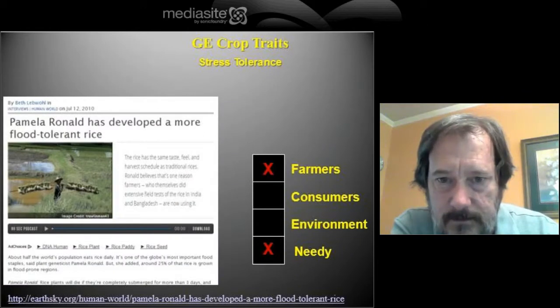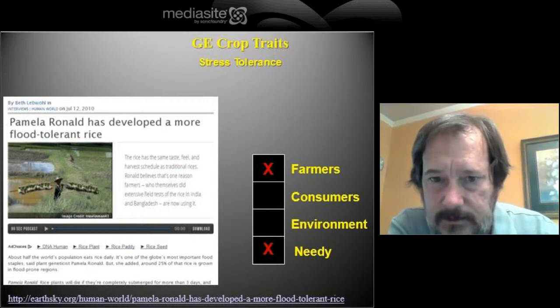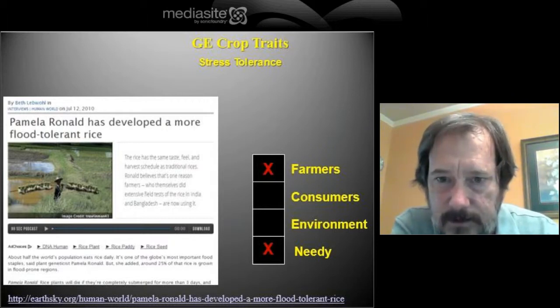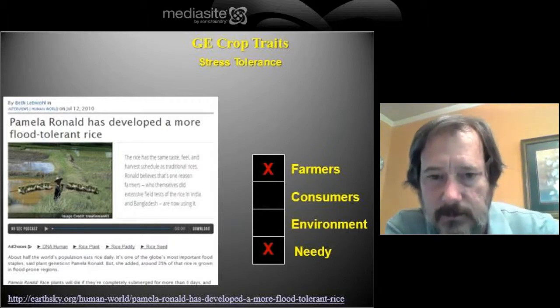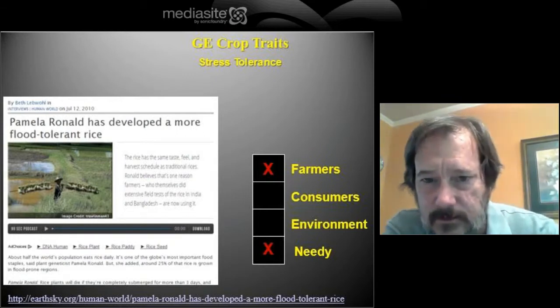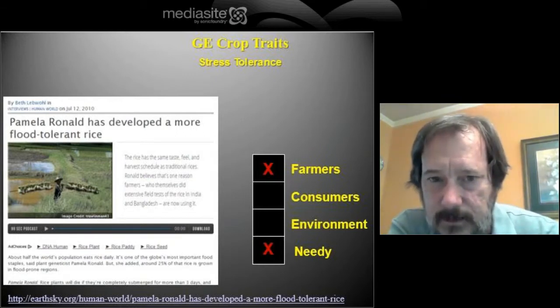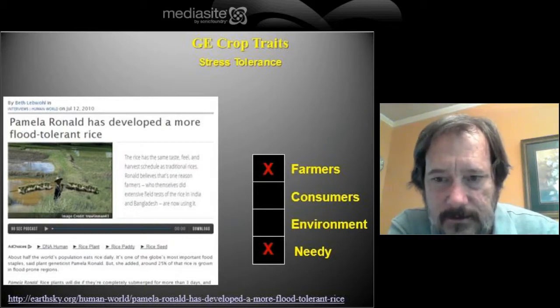And Pamela Ronald is one of the more famous people involved in stress tolerance. She developed a flood-resistant rice. I think one of the things that's sort of interesting, she wrote a book with her husband called Tomorrow's Table, and he's an organic farmer. And one of the things that I found really interesting is that one of the reasons for flooding rice is to control weeds.